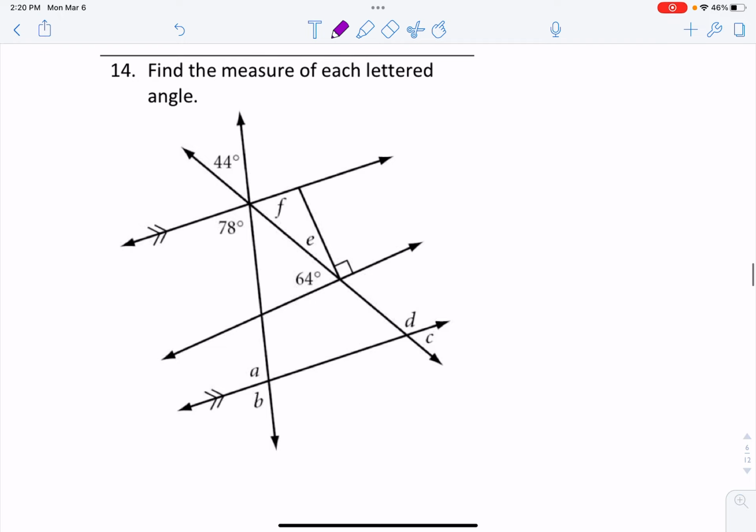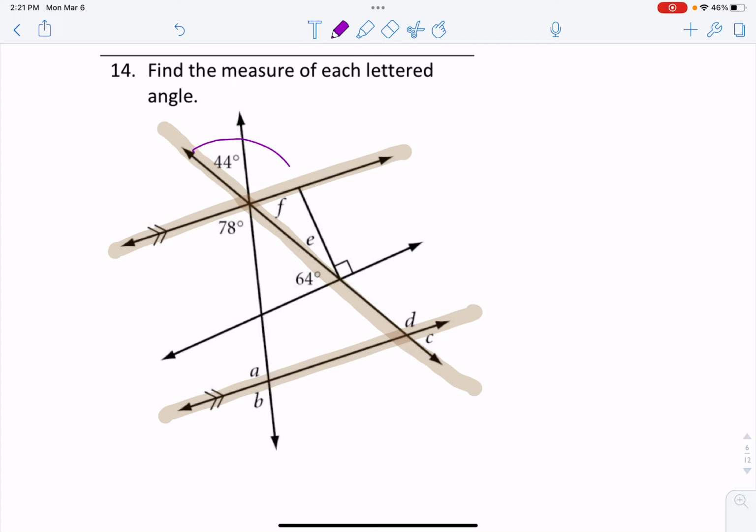And then for this one, you find each lettered angle for the drawing here. They have this line and that line as parallel lines, and then I will say this line is the transversal.